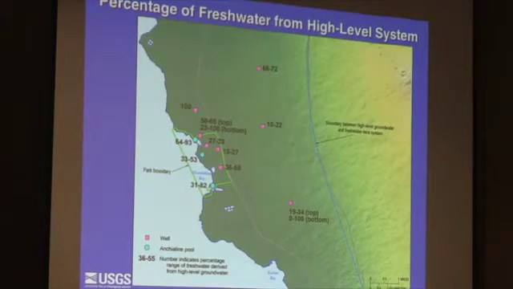Now, our analysis looked at the three end members, but there are at least a few complications. One is that some of the high-level groundwater is being applied over the coastal freshwater lens system in the form of irrigation, or you might have some pipeline leakage, or even septic system leachate.